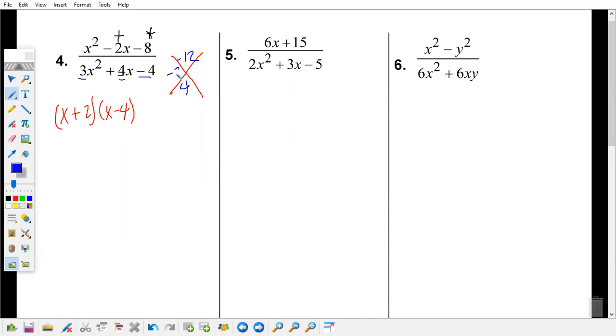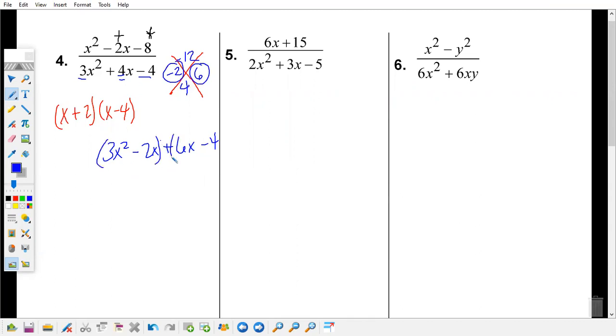Negative 2 and 6. So my numbers are negative 2 and 6. This time I'm going to show it with grouping, for my people who prefer grouping. So with grouping, you have 3x squared minus 2x plus 6x minus 4, replacing 4x.